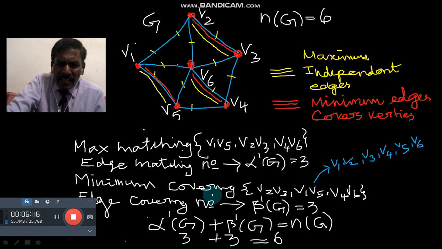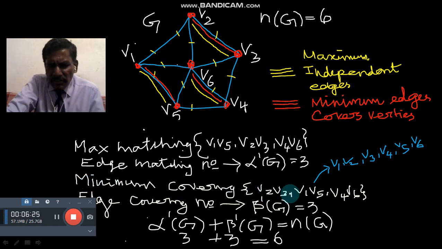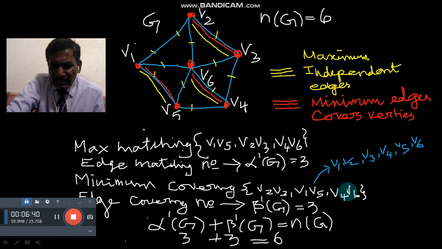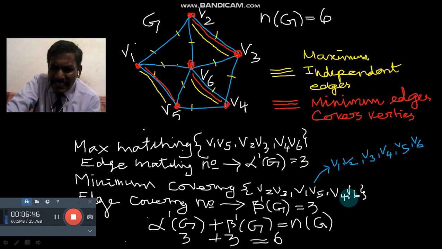Now coming to the covering. What does covering mean here? This is one covering: v2 v3, v1 v5, and v4 v6. These are the edges. They are not independent of one another, but they cover all the vertices. So look here: v1 is here, v2 is here, v3 is here, v4 is here, v5 is here, and v6 is also here.